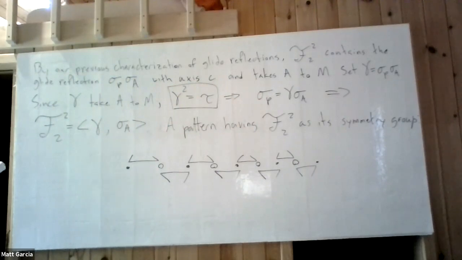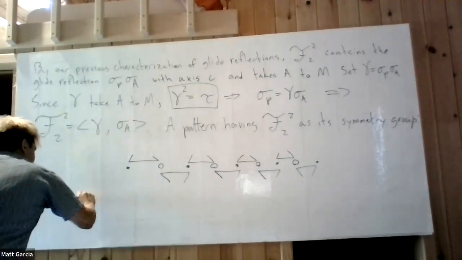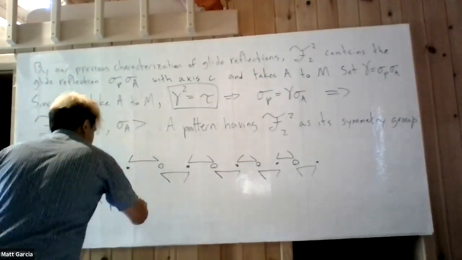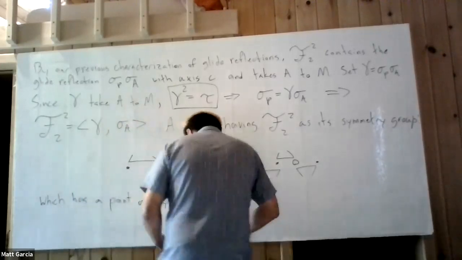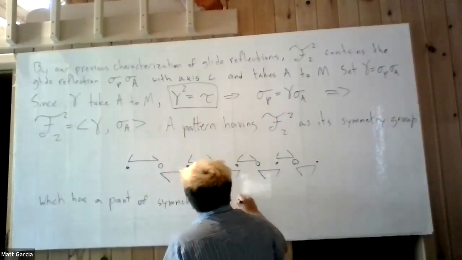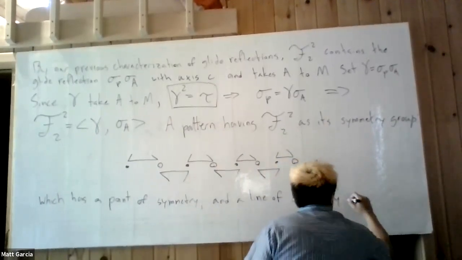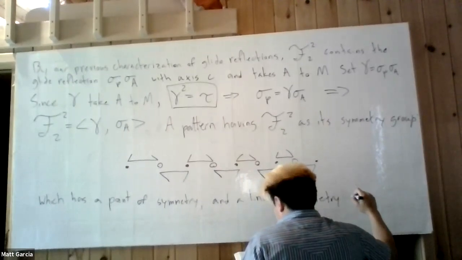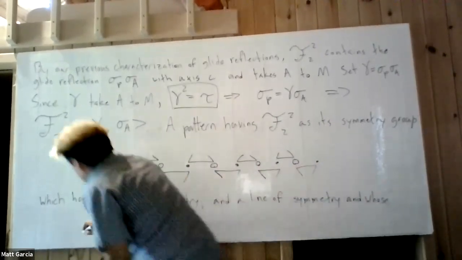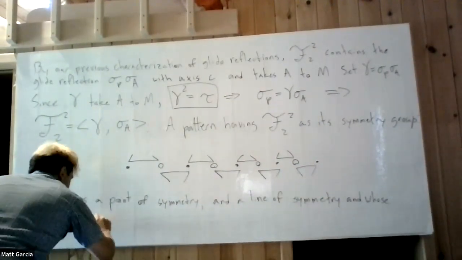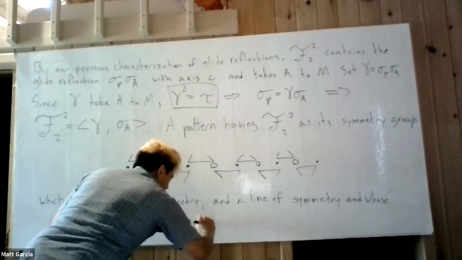Okay. So again, I'll just say this pattern, which has a point of symmetry and a line of symmetry, and whose center C is not a line of symmetry.